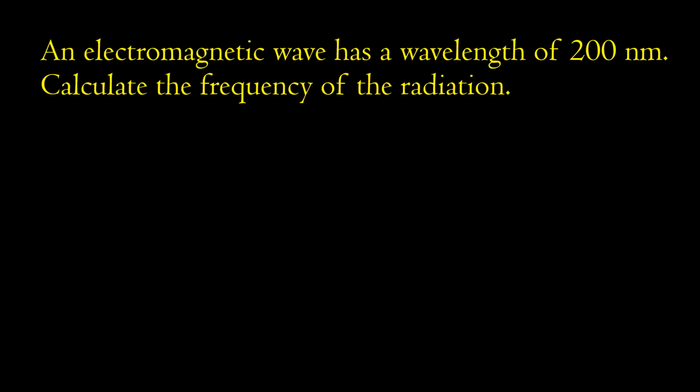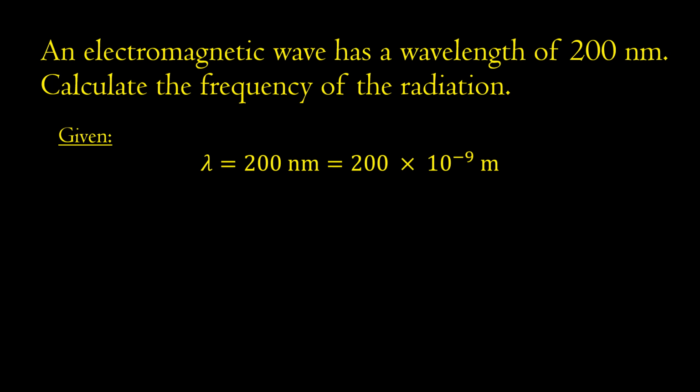An electromagnetic wave has a wavelength of 200 nanometers. Calculate the frequency of the radiation. We are given that the wavelength is 200 nanometers. This means that we need to convert the wavelength from nanometers to meters, which are the SI units for wavelength.